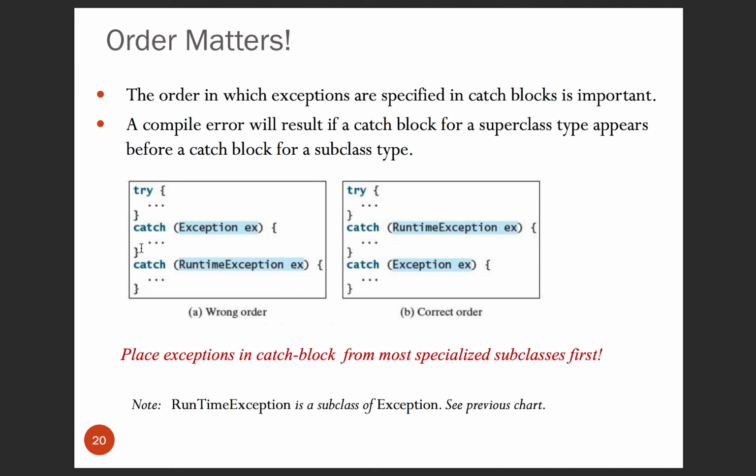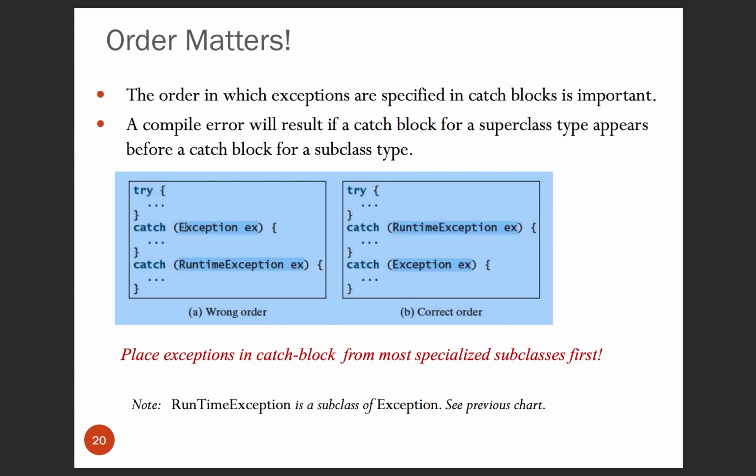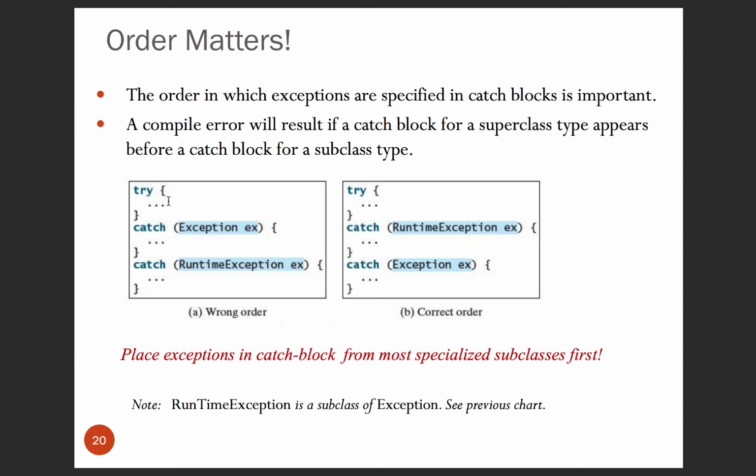When you write several catch blocks, you have to think about what the order should be for the multiple catch blocks. You cannot write a superclass before a subclass. If you write the superclass before the subclass, then any exception will pass to the superclass and will never reach the subclass.